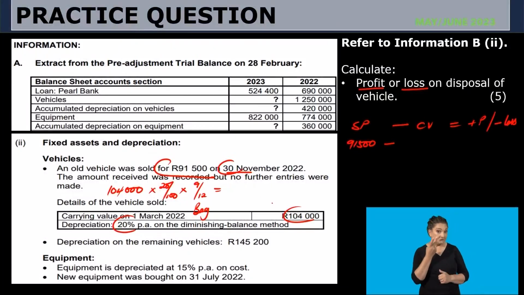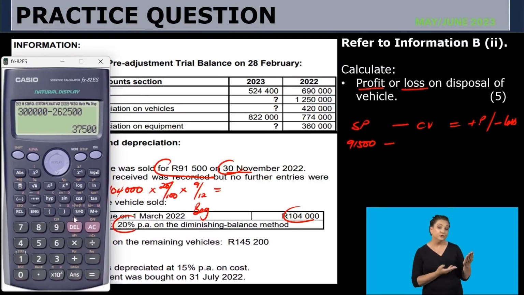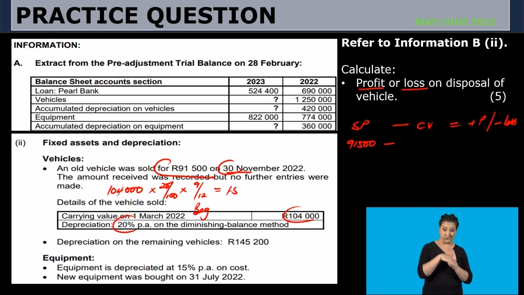All right, let's see on our calculators how much you're going to get. So it's going to be 104,000, multiply that by 20%, divide by 12, and then multiply that by 9. And that will give me 15,600. So my depreciation for this year is 15,600.